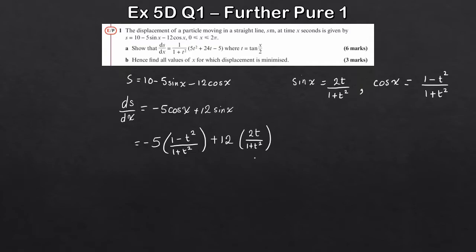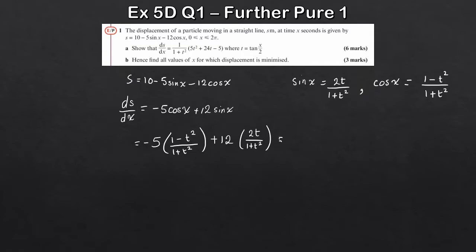Okay, and what we should hopefully find here is when we simplify all this in a moment, we should get what we're asked for in part A. Well, the thing I noticed straight away is this is a 1 plus t squared denominator here, 1 plus t squared denominator here. So if I just expand across here, so 12 times 2t and then minus 5 times 1 minus t squared, we've already got it over a common denominator.